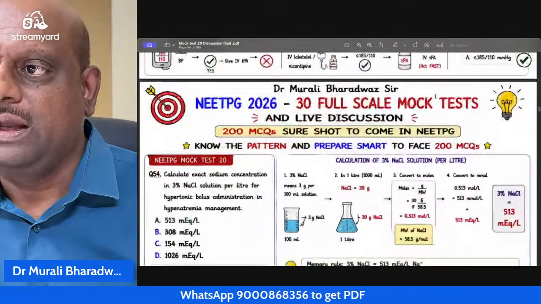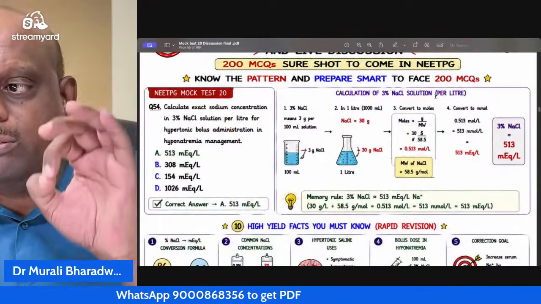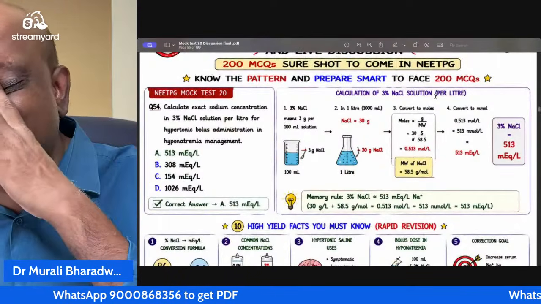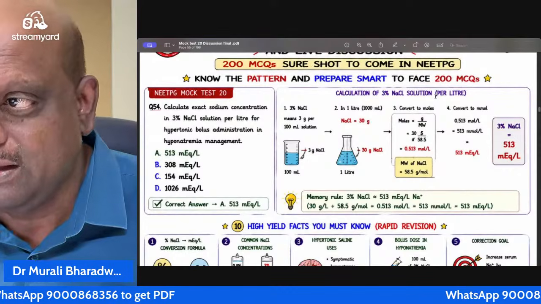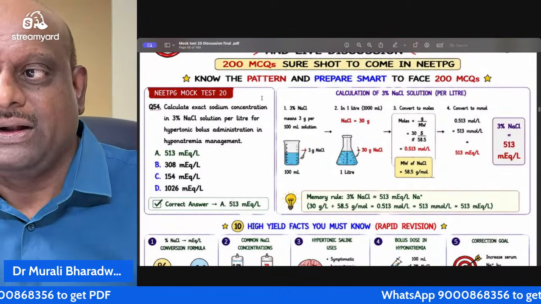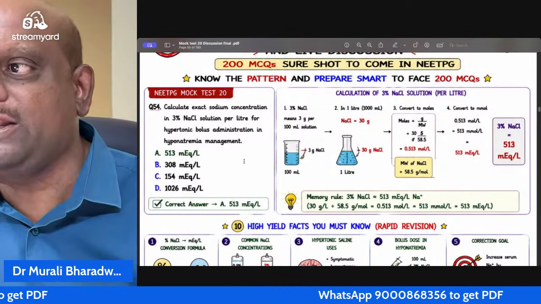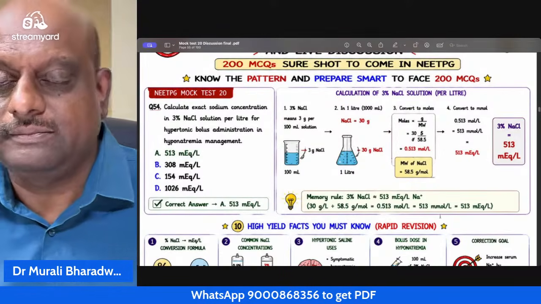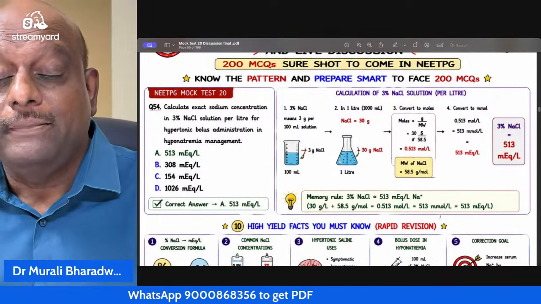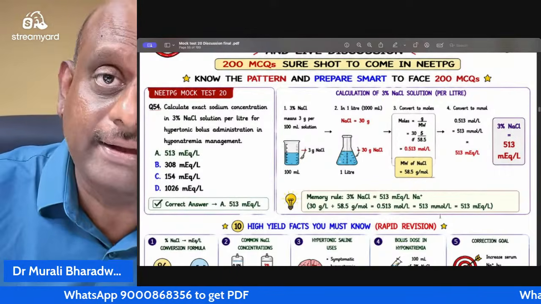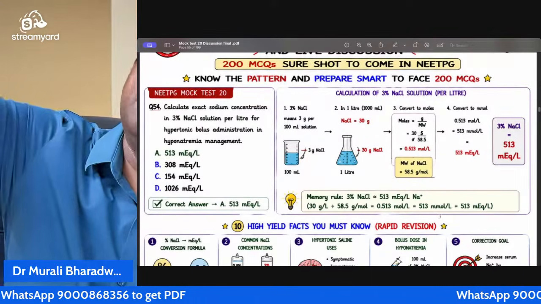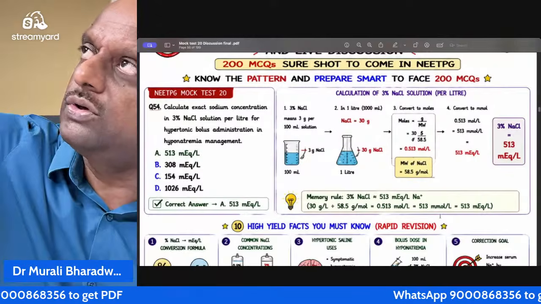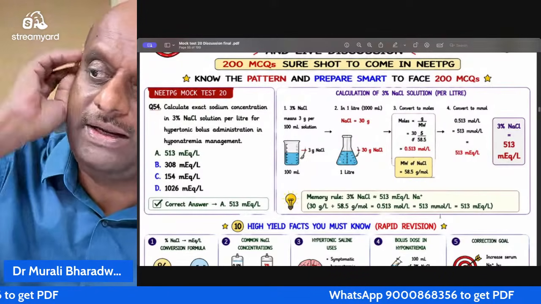Now, how much 3% NaCl is required to treat hyponatremia management? See, it's very simple. Whenever there is a hyponatremia, per day you can increase the serum sodium value by 8 milliequivalents per liter.